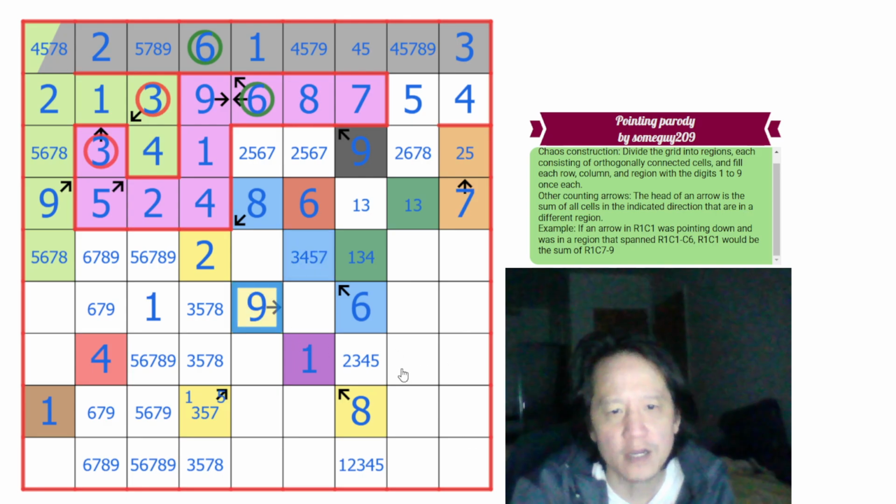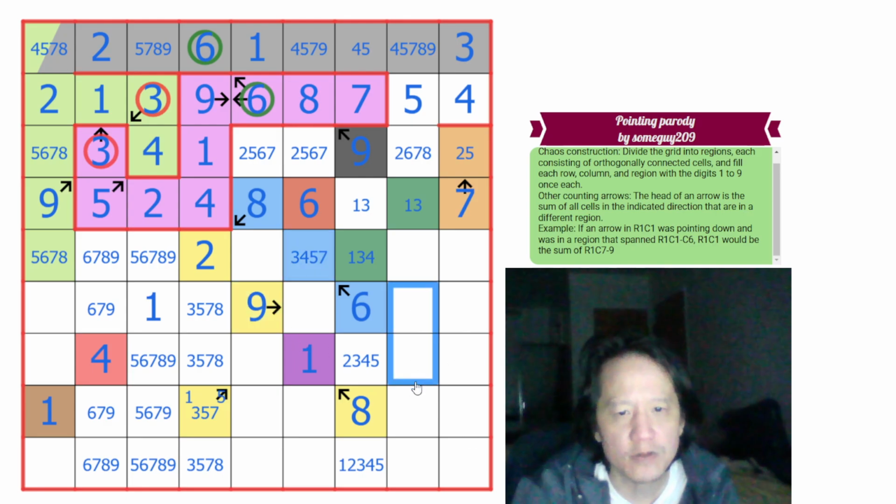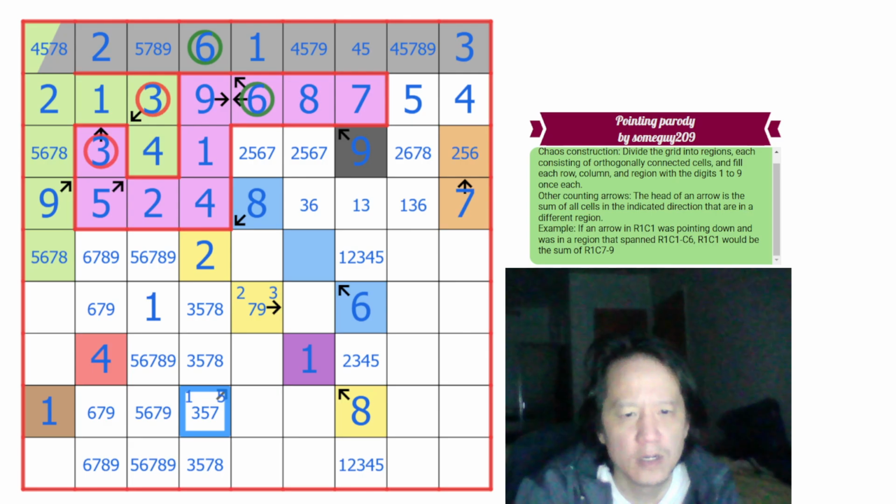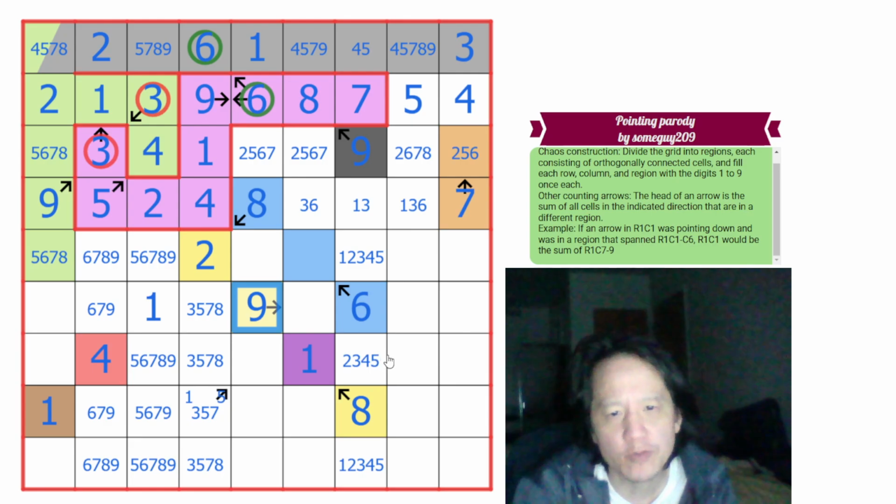This has to be 9, but we need another yellow somehow. That's problematic. This has to be 9, then. We already know yellow does have to go here.